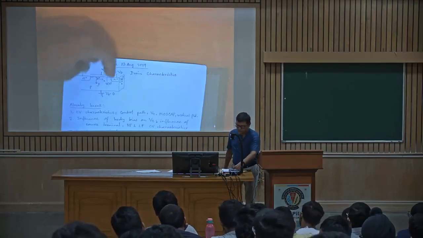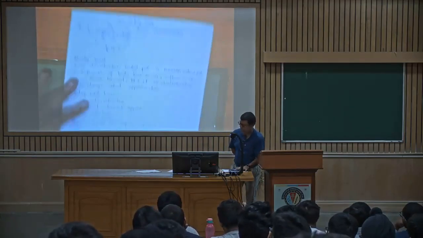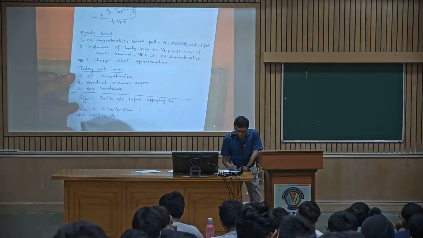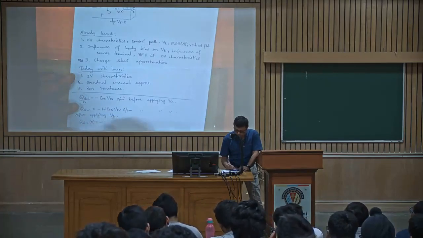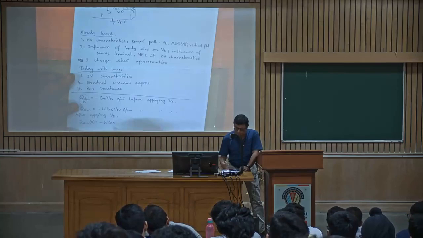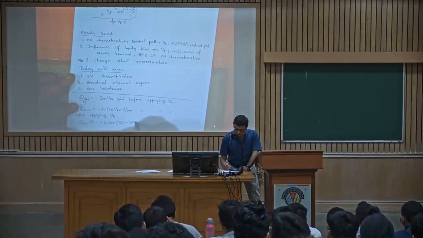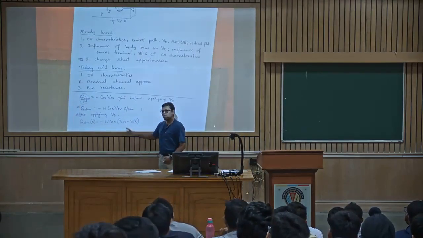So if this is Vx, V is a function of X. Then for the first time we will notice that Q channel becomes a function of X now. Minus W Cox, but instead of VOV, it will have VOV minus Vx. Now, wait a second. Why did we suddenly write minus here? Why not plus?